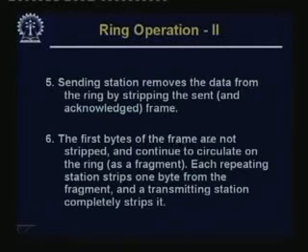The first few bytes of the frame are not stripped, for some technical reason, we need not go into the details here, and continue to circulate on the ring as a fragment. Each repeating station strips one byte from the fragment and a transmitting station completely strips it. So, apart from the frame, some fragments are also moving around in the ring.